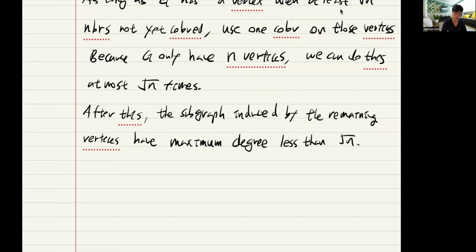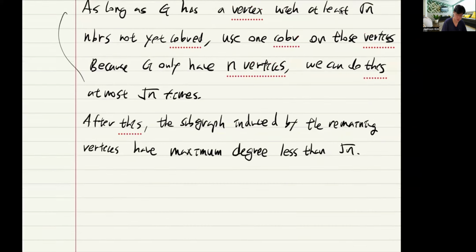Because if it had a vertex with degree at least square root of n, we could have done this step one more time.